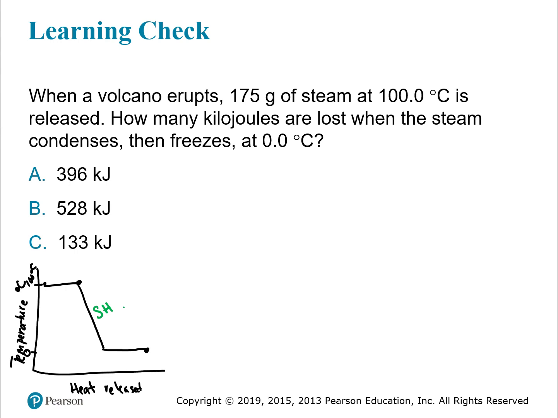Whenever you see a slope, you calculate the heat with specific heat. Whenever you see a plateau, you calculate that with the heat of vaporization, like in the case of condensation, or heat of fusion, like when something is melting.